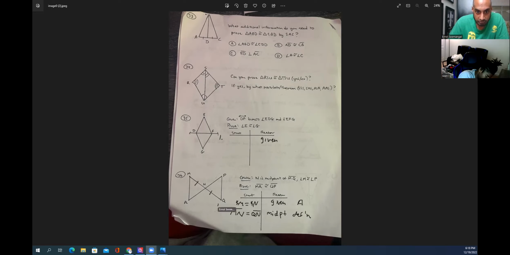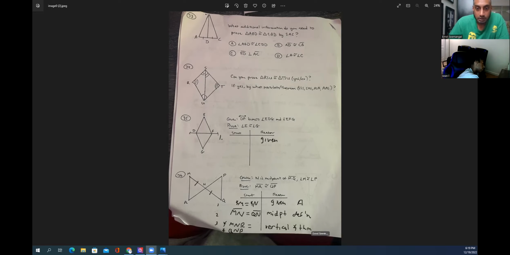So you got one, you got two, and then three, you're going to say angle MNR is congruent to QNP, by what's the reason? Vertical angles theorem. Yeah, or we say opposite angles, but you guys say vertical.